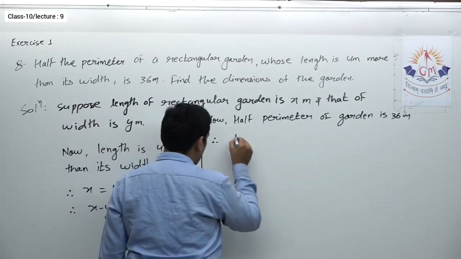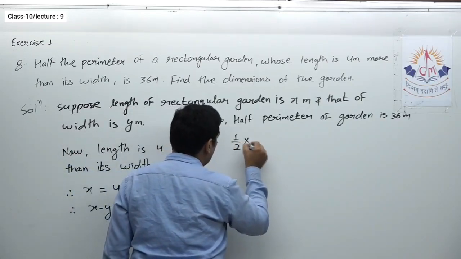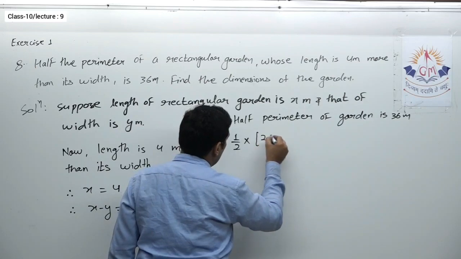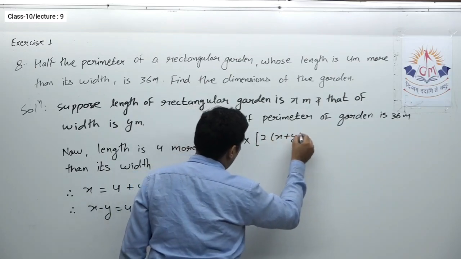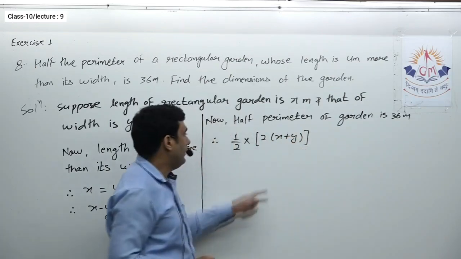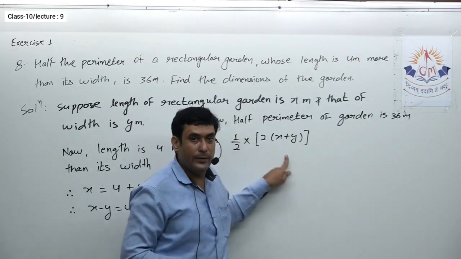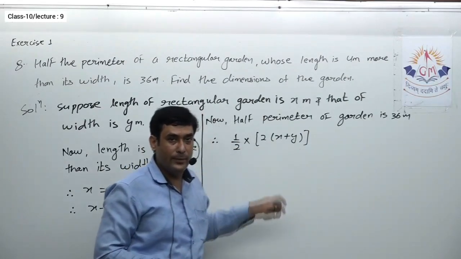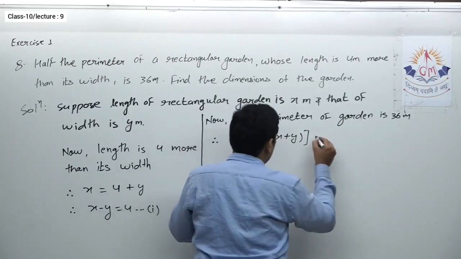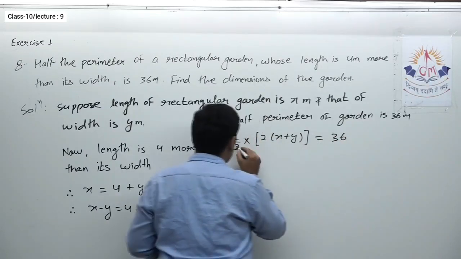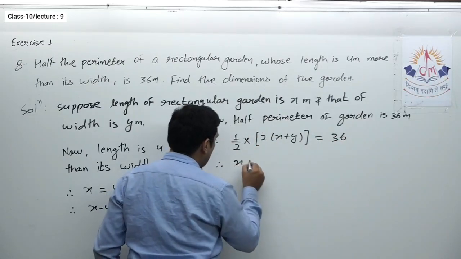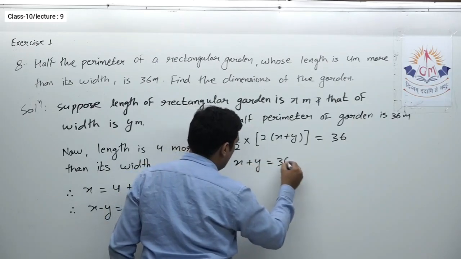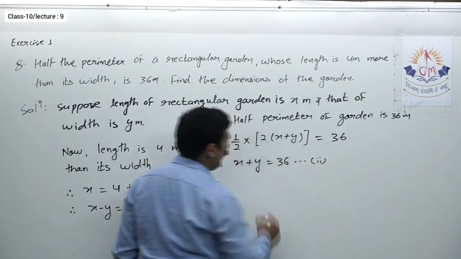So half multiplied by the perimeter, that is 1 by 2 into 2(x plus y). Okay, 2 into (L plus B) is the perimeter, and we have to make it half, and that is equal to 36. Now this 2 and 2 I can cancel, so x plus y is equal to 36. This is my second equation.